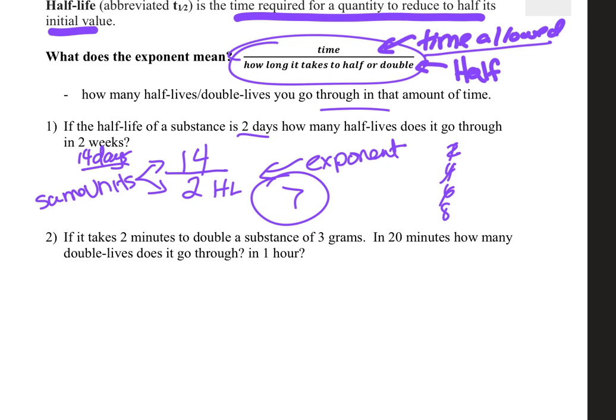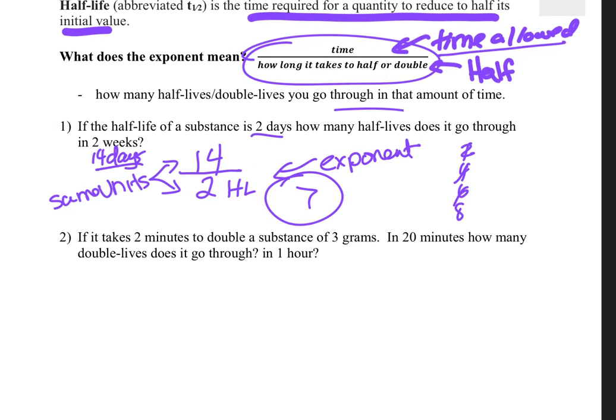Same idea with doubling. If you have 3 grams of a substance, how many double lives does it go through in 20 minutes, or in 1 hour? It's the same idea. A half-life or double life always goes on the bottom, and the time we're allowed goes on top. So this is 10 minutes, so this is 10 double lives.